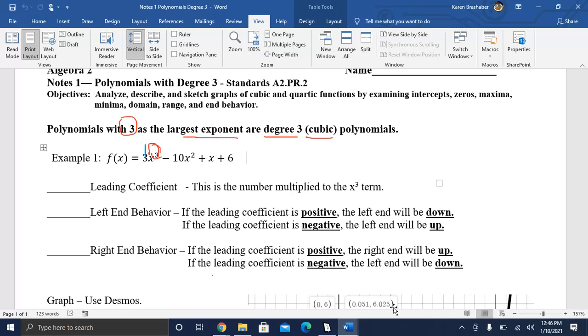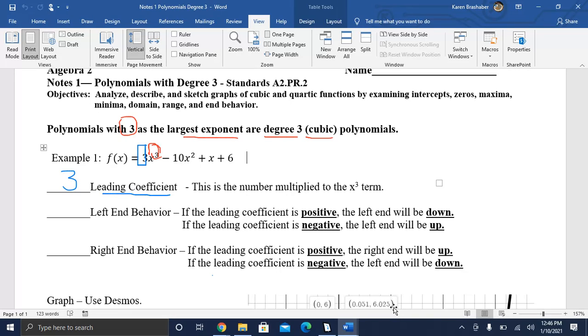So the number that is multiplied to the x to the third term happens to also be a 3. We call this the leading coefficient. So the leading coefficient in this problem is the 3, the number that is in front of or multiplied to the x to the third term.